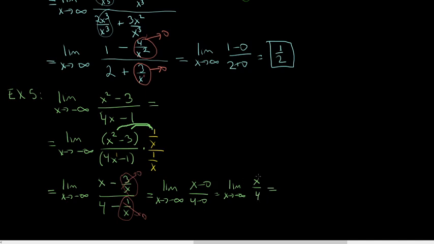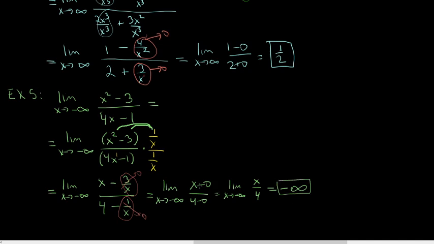It doesn't go to 1/4. x is getting bigger and bigger, but in the negative direction. If x is negative 1 million, this is going to be negative 1 million divided by 4, which is some big negative number, I think negative 250,000. And if x is negative a billion, then you get negative 250 million. So you're getting really big negative numbers, so this is just going to negative infinity.